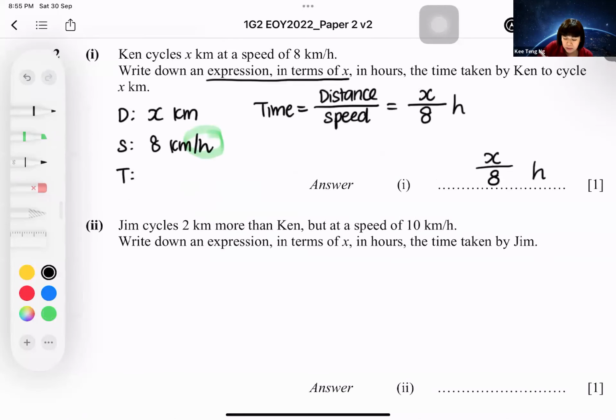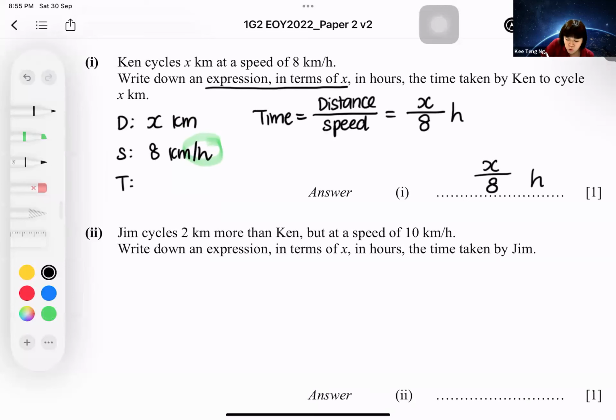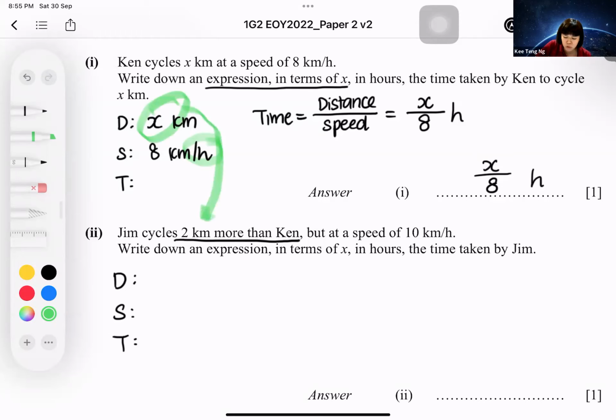Then the next part says, Jim cycles 2 more kilometers than Ken. What is Ken's distance? Ken's distance was X kilometers. So 2 more kilometers than Ken. Originally X, now 2 kilometers more. What will be the distance that Jim cycled?